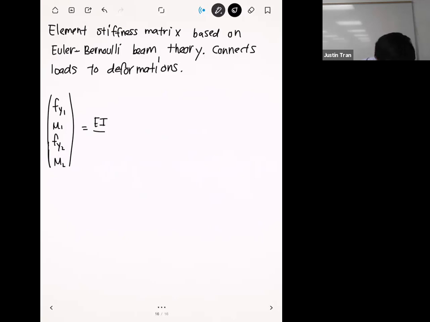To simplify the expressions, I'm going to pull out an expression up front, which is E times I divided by L cubed. I'll define what those are in just a second.